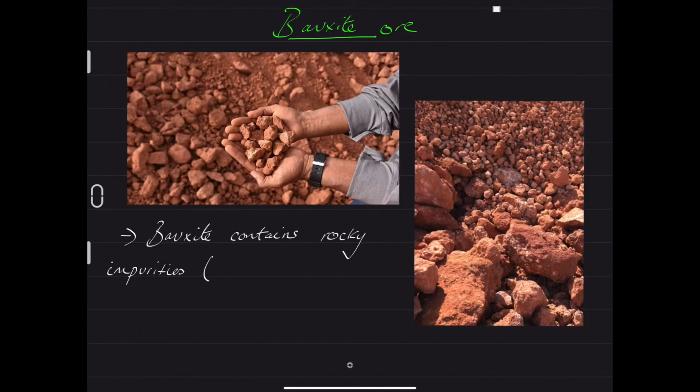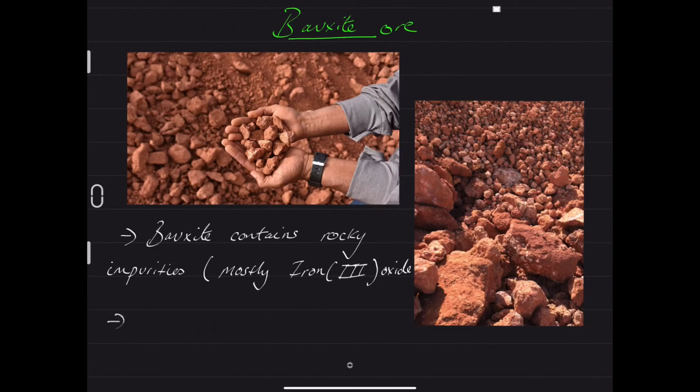And mostly iron 3 oxide. And this is why we get this brownish color, and that's why we get waste solution.